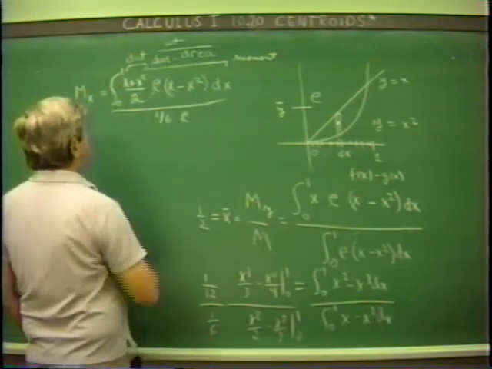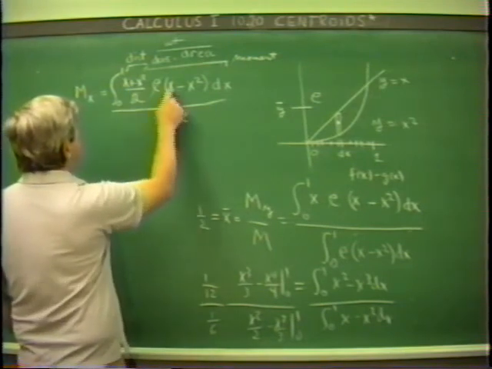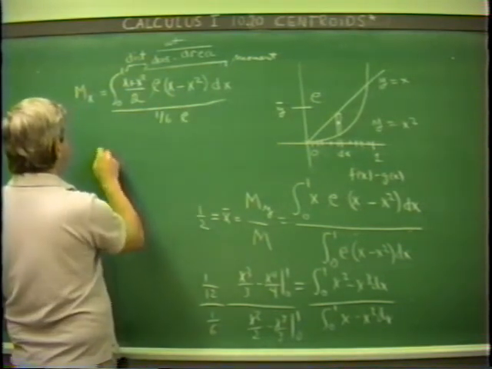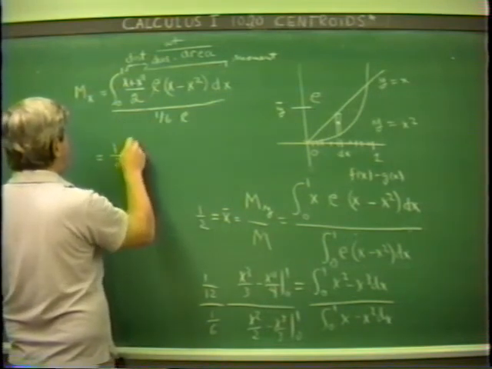We want to divide by the total mass, which we already figured out was a sixth. Well, a sixth rho. The rho, again, we're going to cancel. Right?